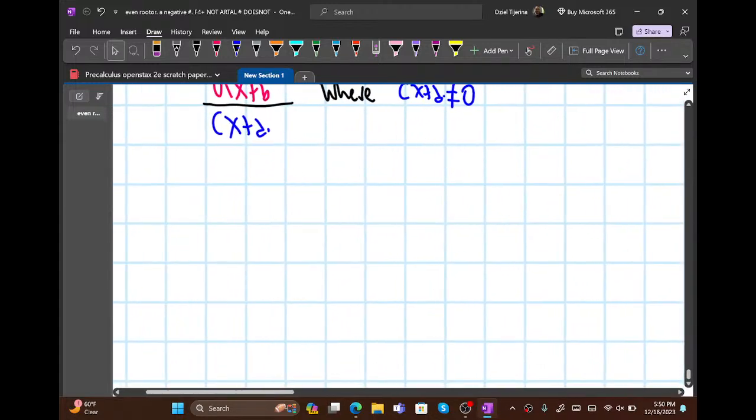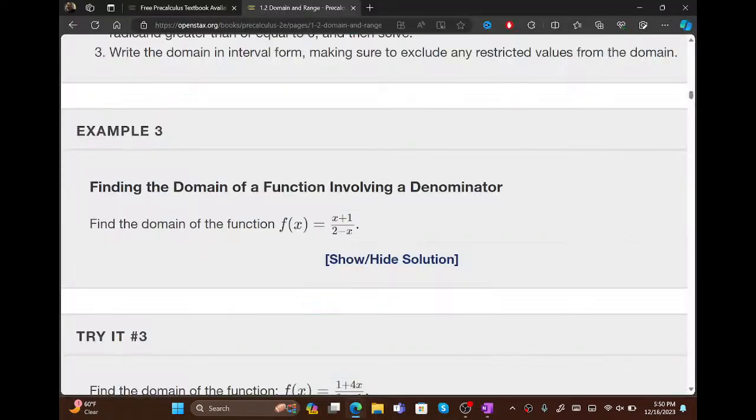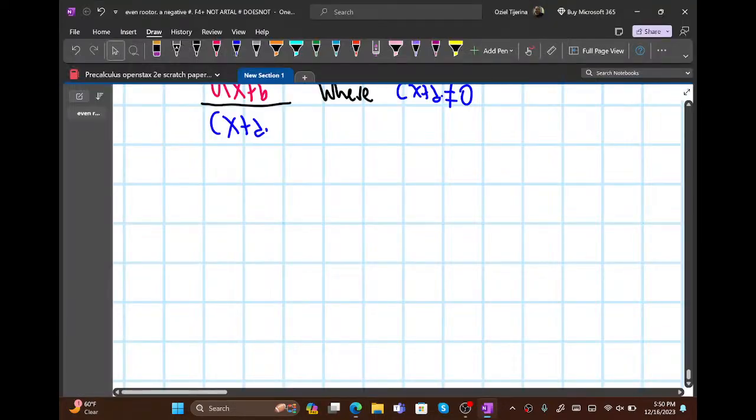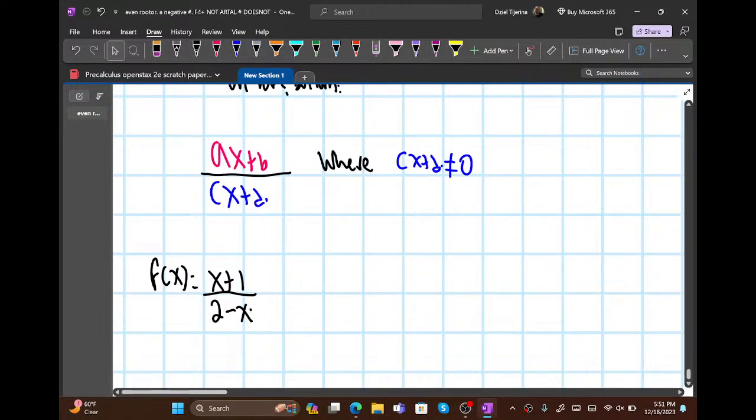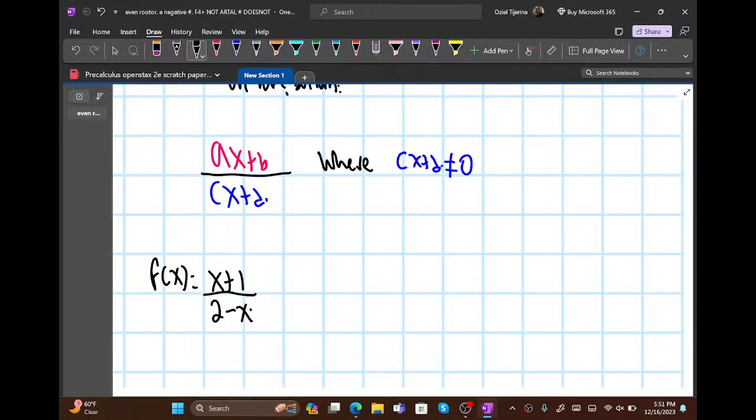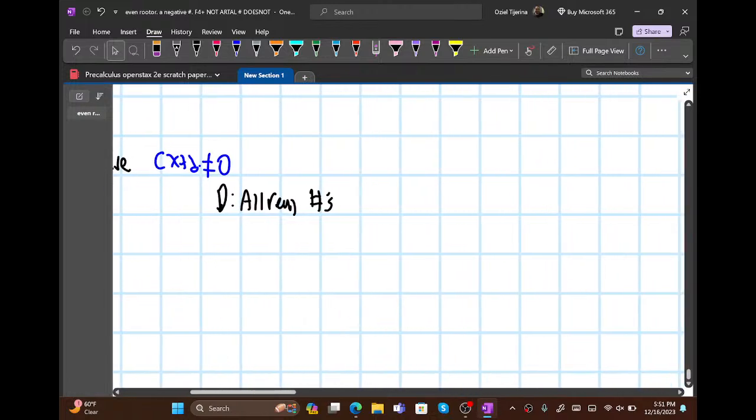If we look at example 3, we are given the following, and it says f of x equals x plus 1 over 2 minus x. Remember that if we are given a function such as this one, we know that in general form, the domain is all real numbers such that cx plus d is not equal to 0.